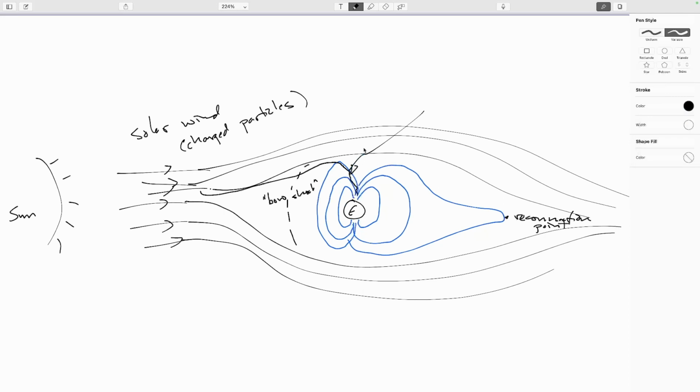So, a charged particle corkscrews along the magnetic field line.